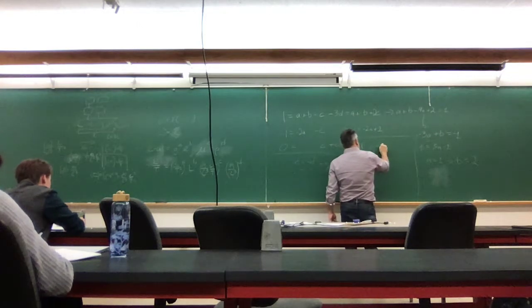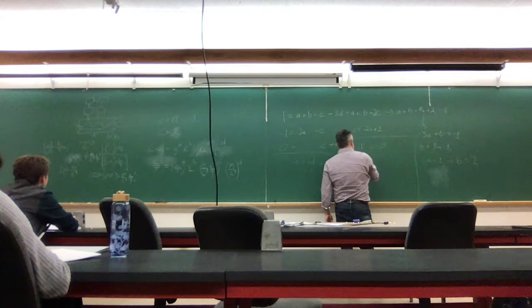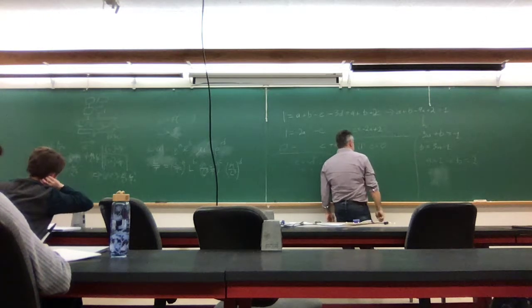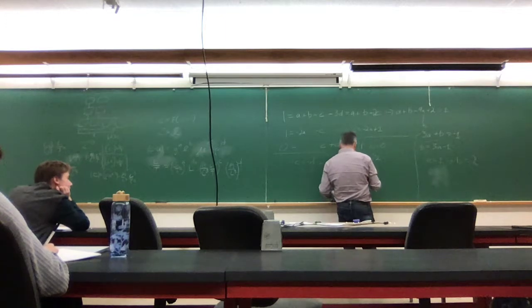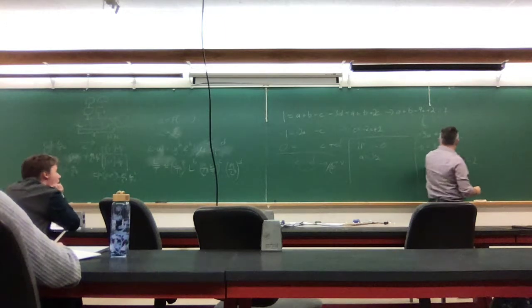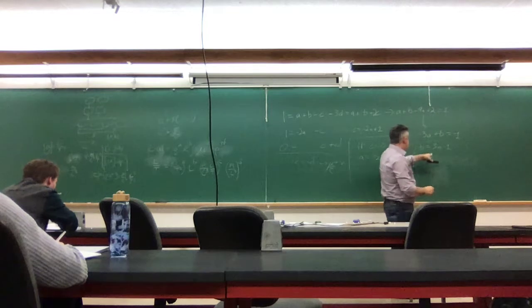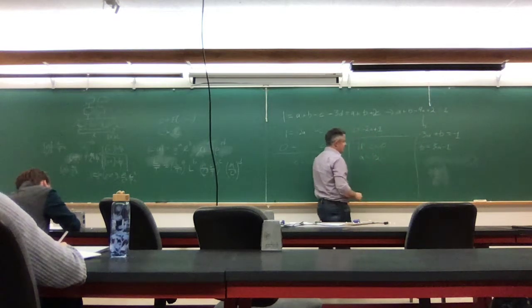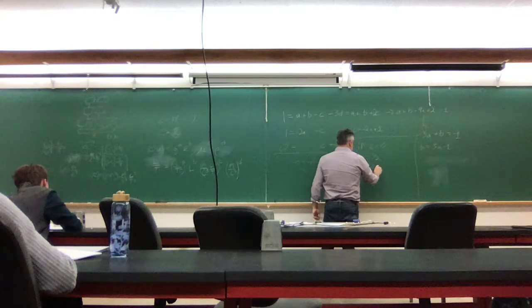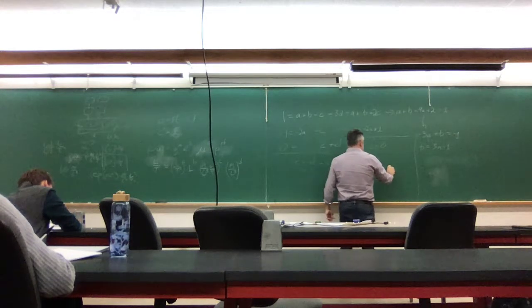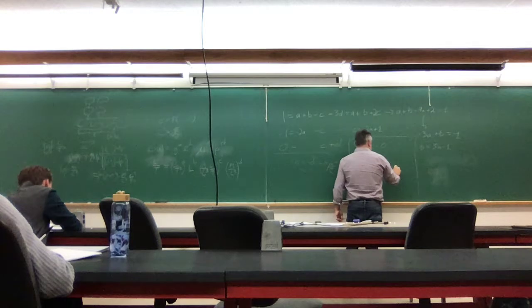If C equals 0, then what's A? And then what's B? Sorry. 3A minus 1 equals 1 half.